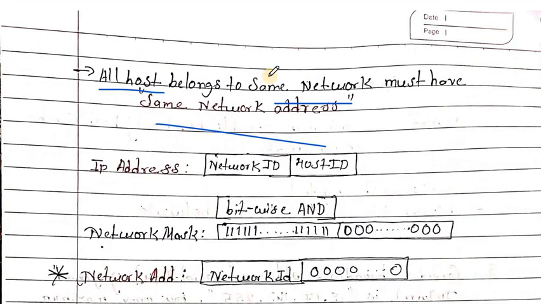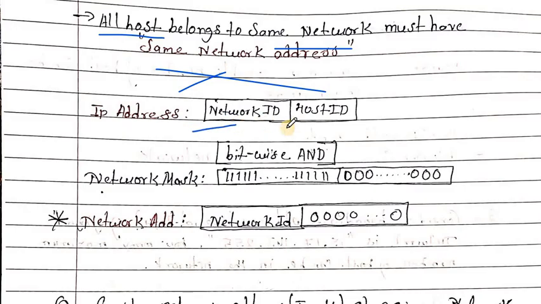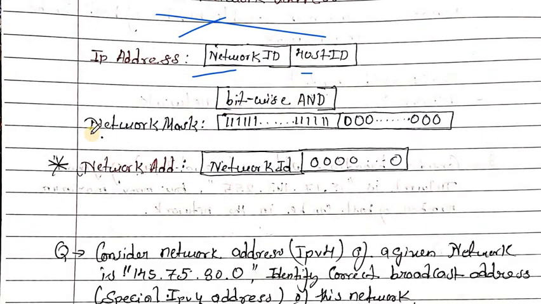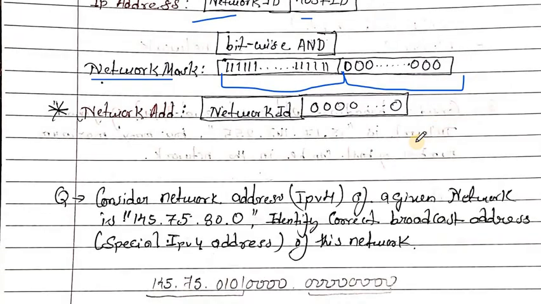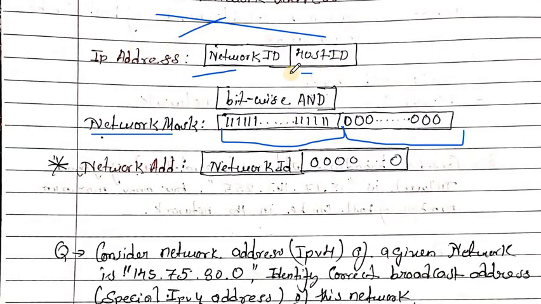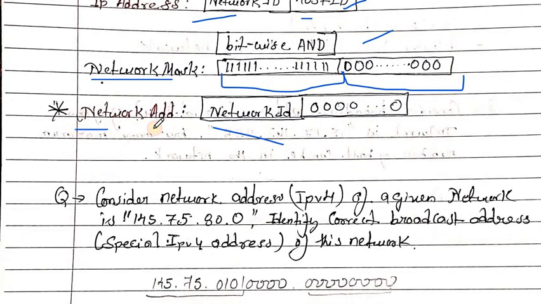If two hosts are in the same network, then their network ID will be the same. In the network mask, the network ID fields are filled with 1s and the host ID with all 0s, and if we do a bitwise AND with those, we get the network ID, or network address.